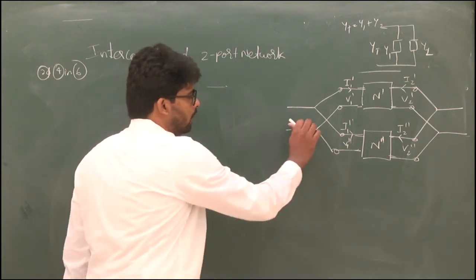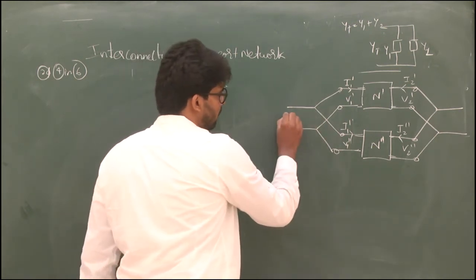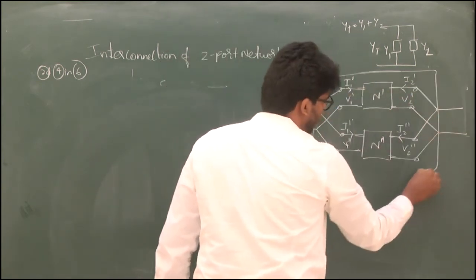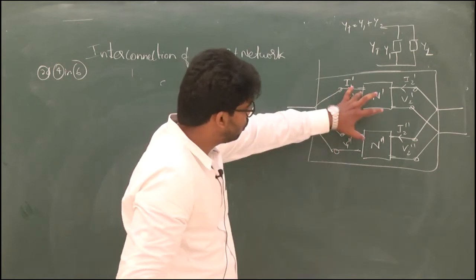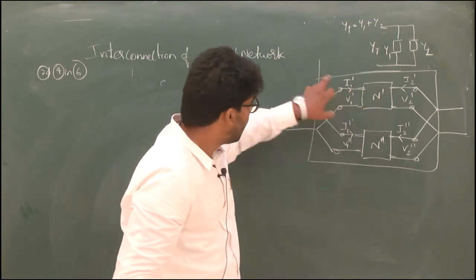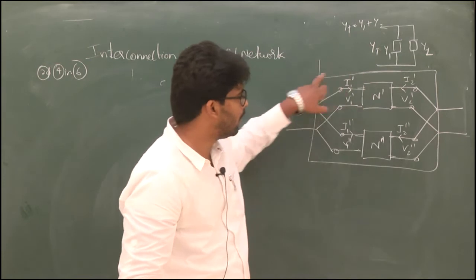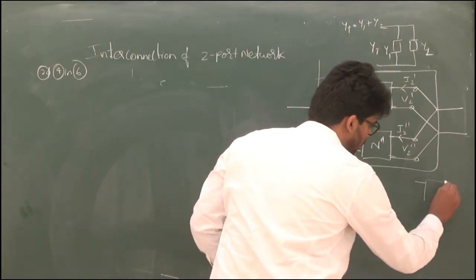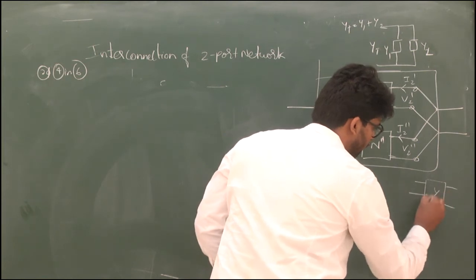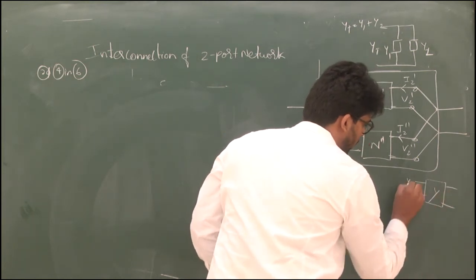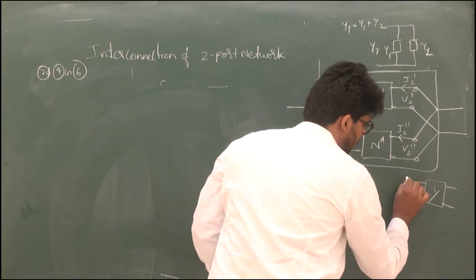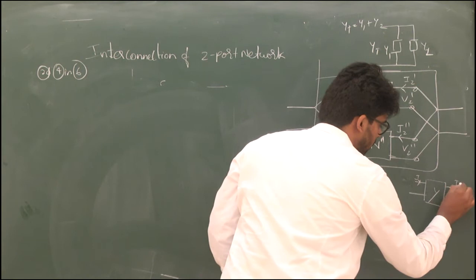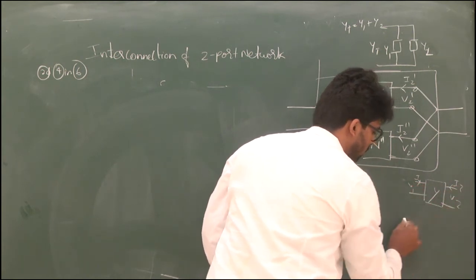Okay. Now the input current and voltage. This is the overall network, so these two-port networks are connected in parallel, and this is the overall network. For this overall network, let us say Y, we have I1, I2, V1, V2.